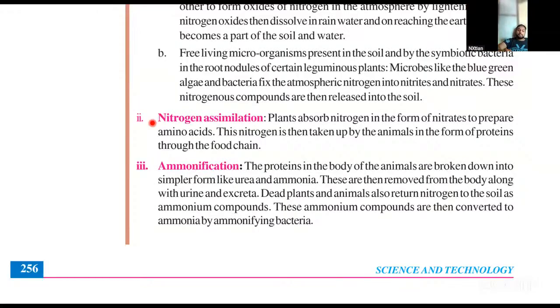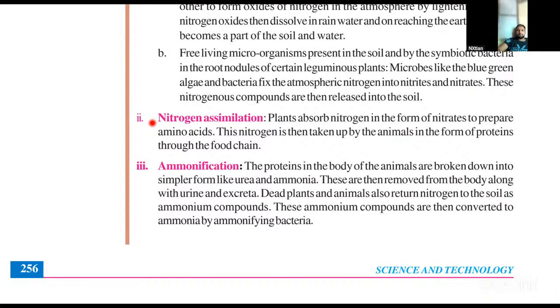So nitrogen assimilation basically means nitrates or nitrites came into the soil. Now the plant absorbs those nitrates and prepares food, and that food has enough amino acids, which is basically called protein. For example, pulses have protein. Now, why protein? Because rhizobium bacteria fix nitrogen for the plant, and that is called a leguminous plant.